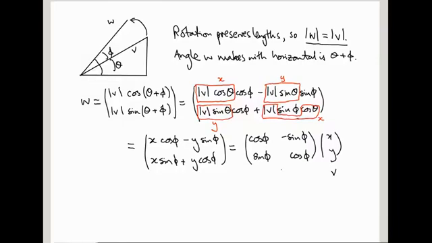This is a 2x2 array of numbers, cosines and sines, and such a thing is called a matrix. Let's write it as M. When you see an expression like this, you should think of it as shorthand for exactly what I've written over here. It's keeping track of the coefficients of x and y in a 2x2 grid, in exactly the way they appear in this equation here.